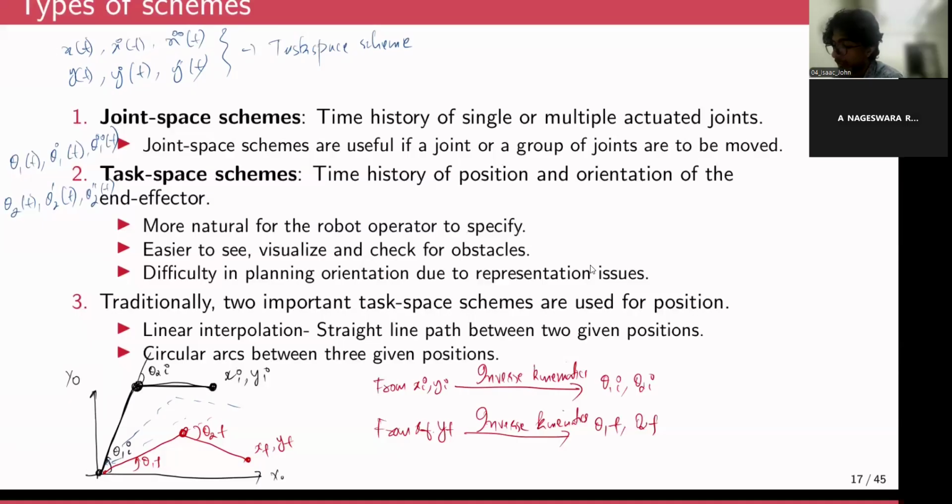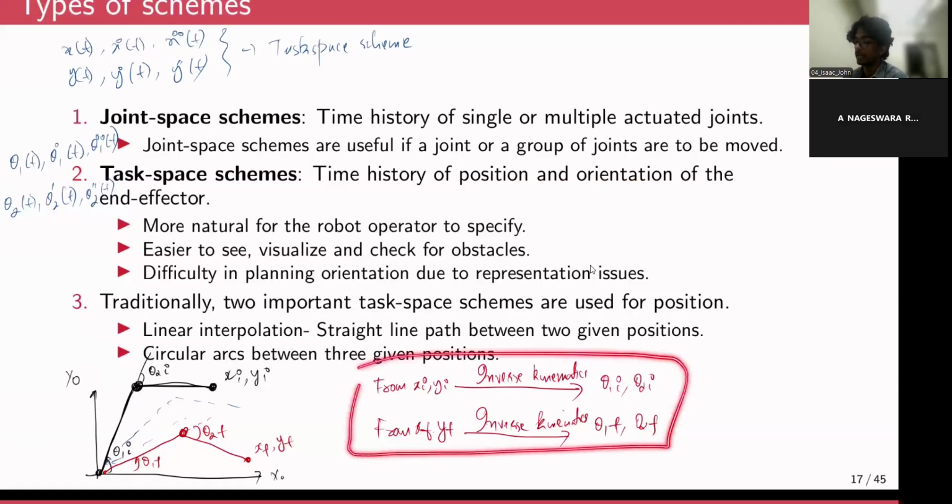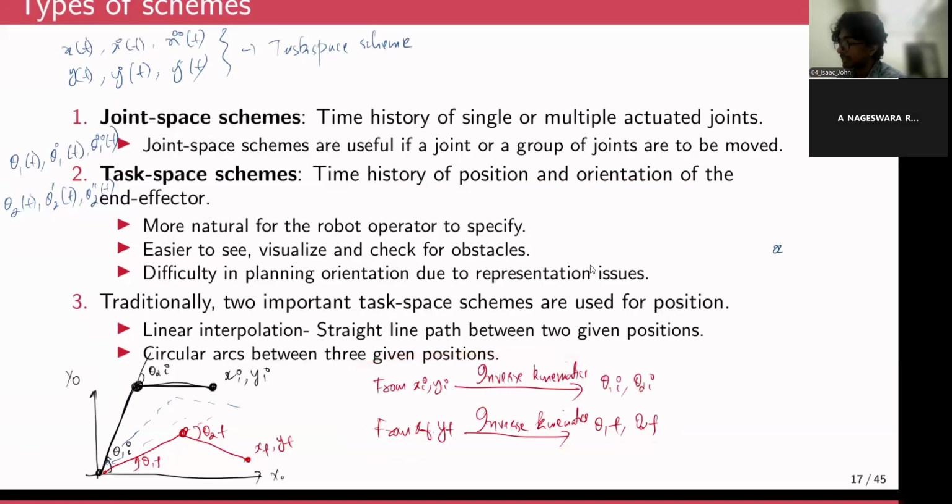In task space scheme, the time history of position and orientation of the end effector is generated directly in task space itself. So instead of this extra step of inverse kinematics, you begin with xi, yi, and end with xf, yf. Between these conditions, you plan a trajectory for x and also for y.